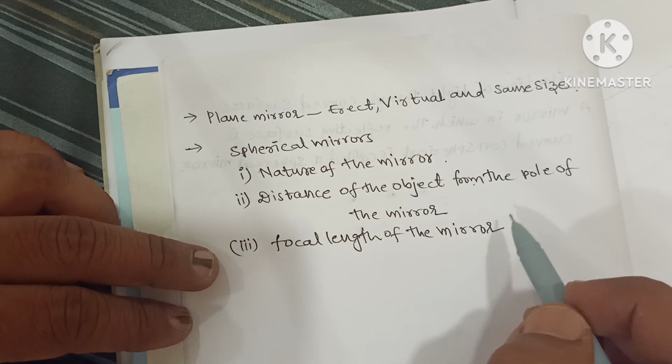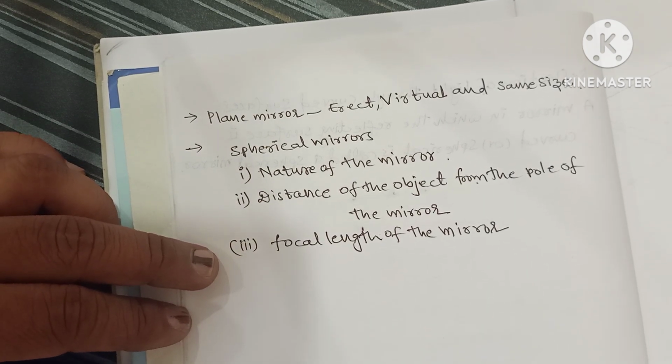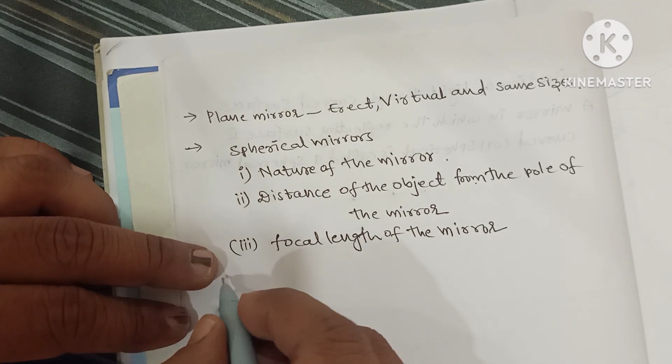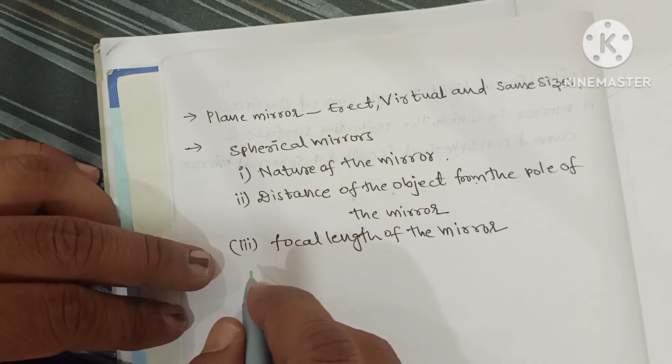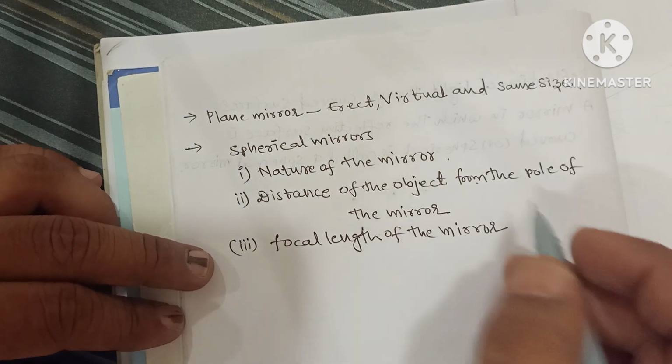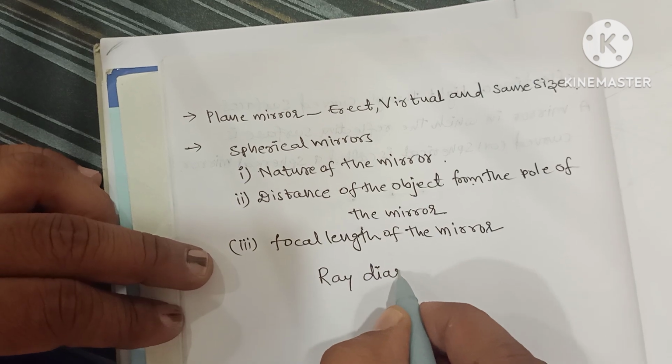The exact nature and size of the images formed by objects kept at different positions in front of a spherical mirror can be explained or drawn by simple diagrams, and those diagrams are called ray diagrams.